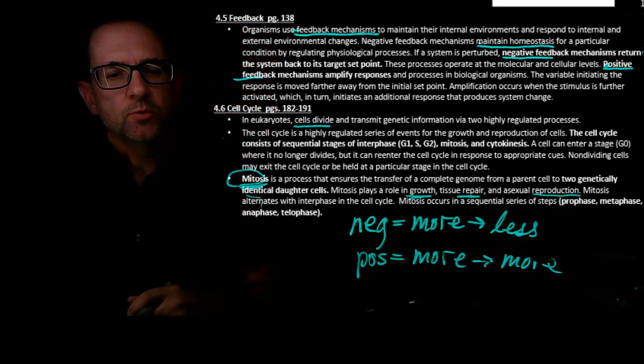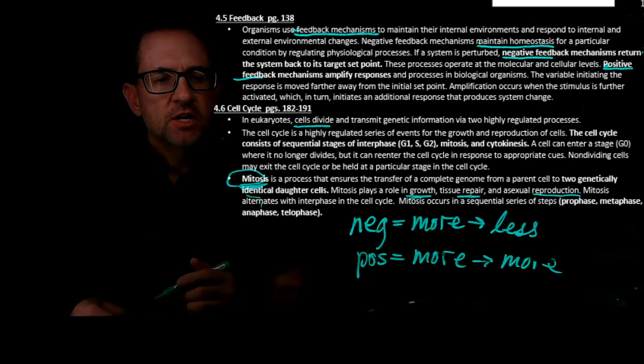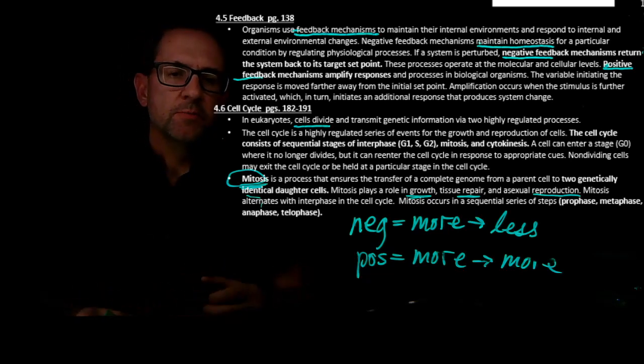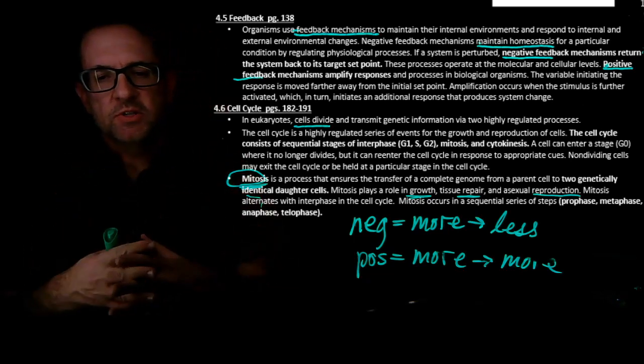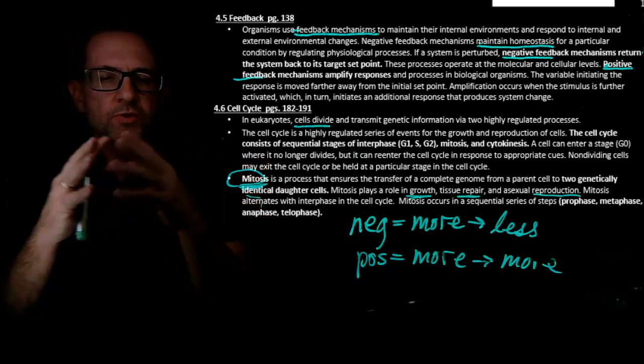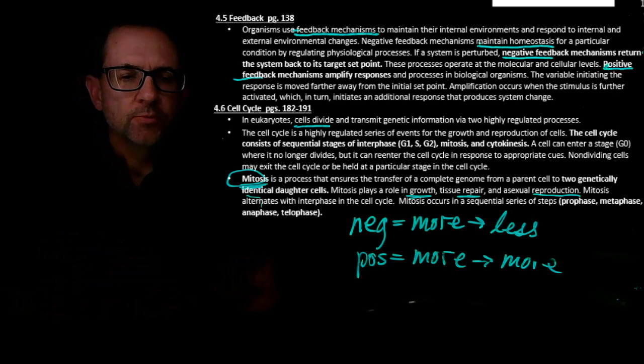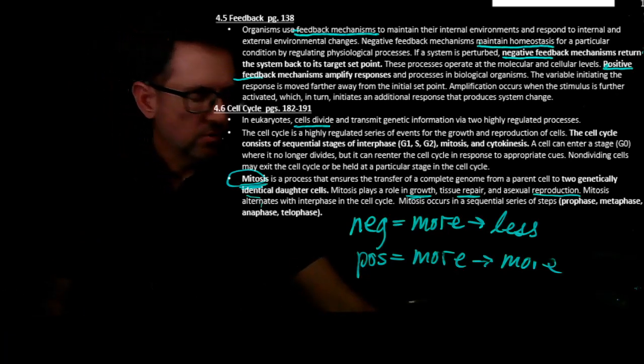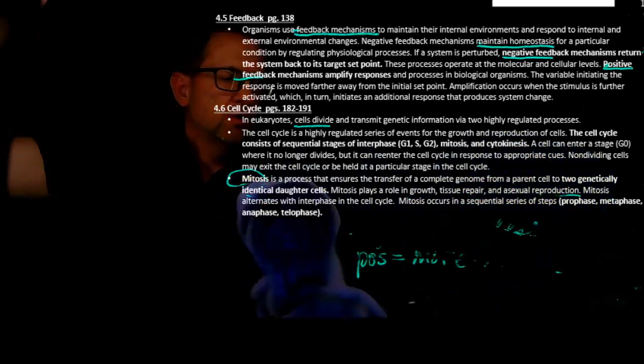Mitosis alternates with interphase in the cell cycle. It's sequential. It's made of prophase, metaphase, anaphase, telophase. You're not supposed to have to identify those stages necessarily, but you should know what the chromosomes are doing throughout that process.